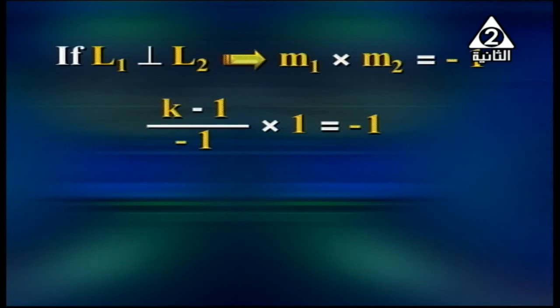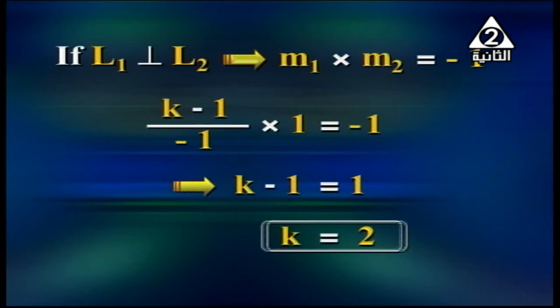Of course, you are going to find K minus 1 equals 1. And in this case, we are going to find that K equals 2. So K will be 2 if the two straight lines are perpendicular.